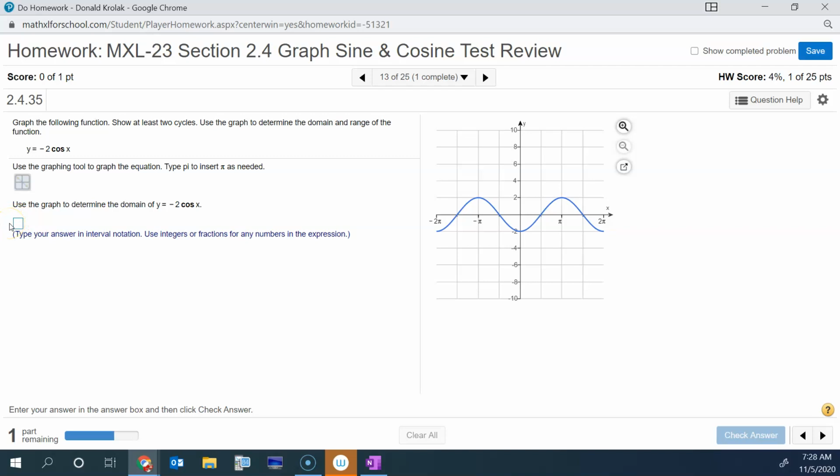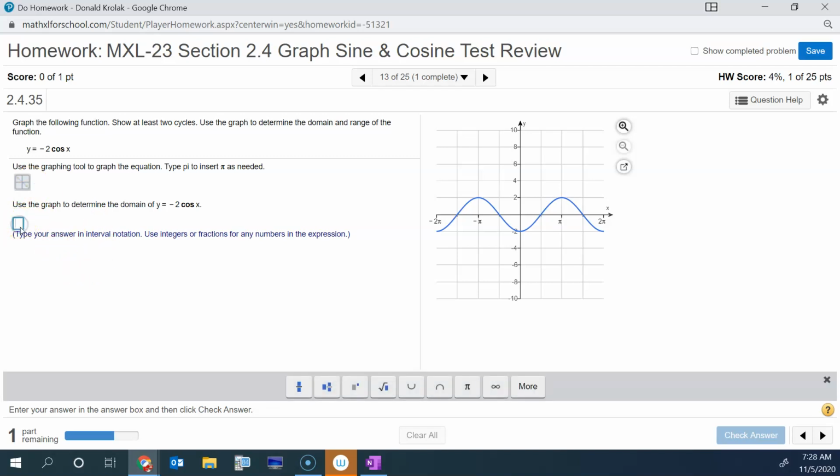Okay, domain on that. Let's see. Millie. Okay, brackets, parentheses.